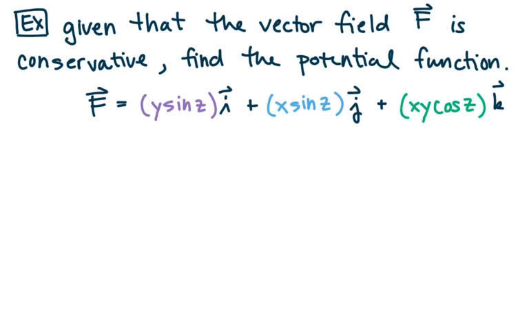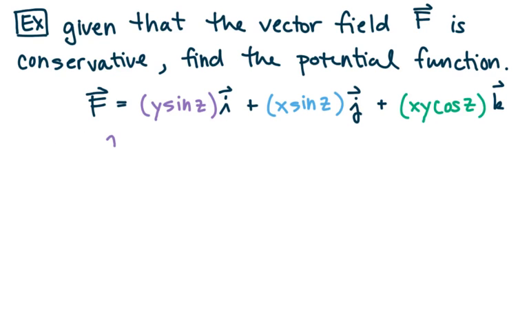So we know a couple of things. One thing is that the gradient of f equals the vector field F. So the gradient of my potential function is equal to that conservative vector field. That means each of these components represent the partial derivatives of little f.